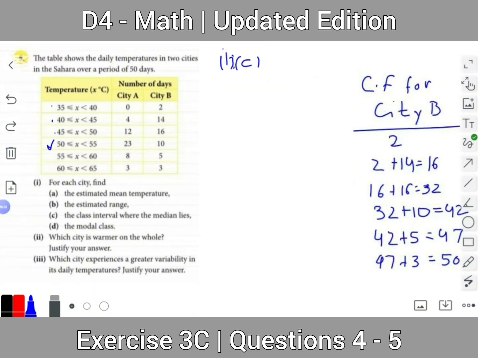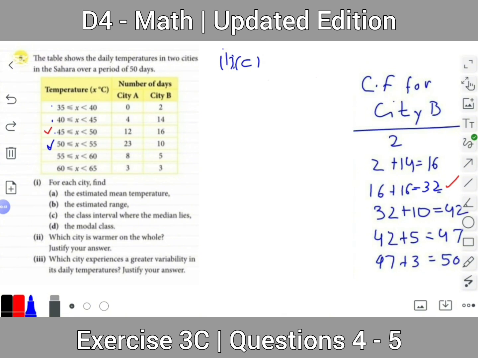Since the position of the median was 25.5, the nearest greater value is 32, and that corresponds to the third class interval in the frequency table.